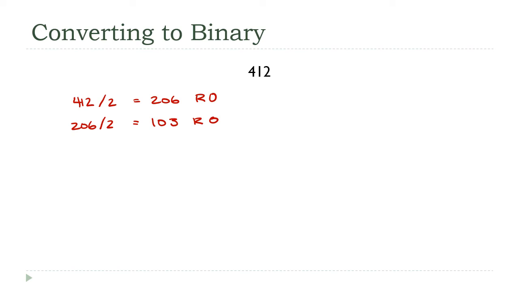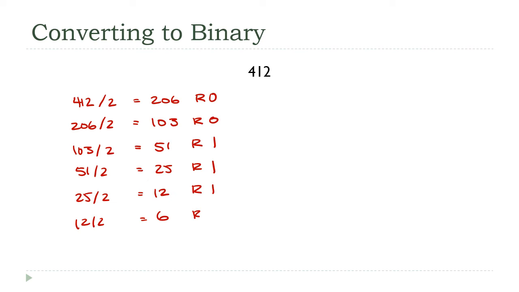I'm going to write some of these out, not talk about them quite as much. 103 divided by 2 is 51, remainder 1. 51 divided by 2 is 25, remainder 1. 25 divided by 2 is 12, remainder 1. 12 divided by 2 is 6, remainder 0. 6 divided by 2 is 3, remainder 0. 3 divided by 2 is 1, remainder 1, and then we get to the end. 1 divided by 2 is 0, remainder 1.